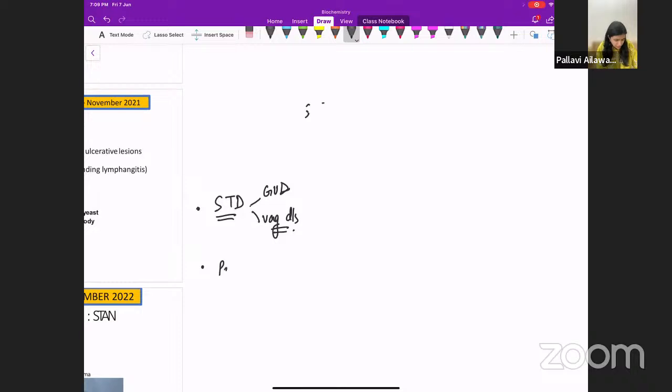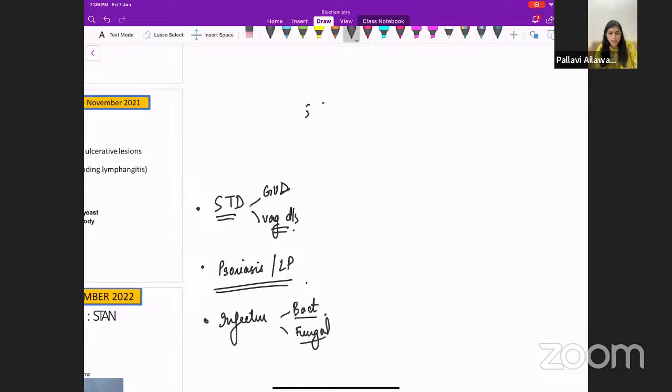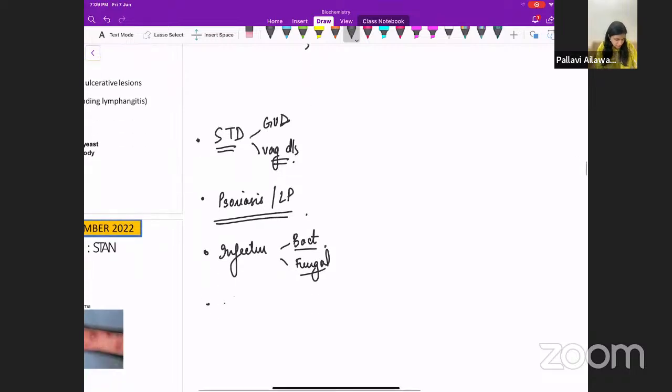Then, second most important, psoriasis and lichen planus. Very, very. Then, infections, in which bacterial infections and fungal infections are very, very important. You know, these are two common ones that they will ask you every time. After this, nutritional deficiencies, in which we have pellagra, acrodermatitis enteropathica, phrynoderma.